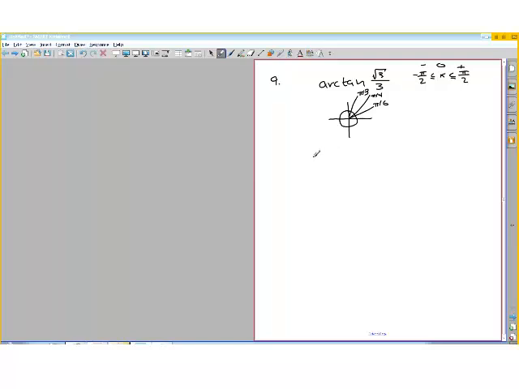And if you think about the numbers, remember the numbers that you have: 0, 1/2, square root of 2 over 2, square root of 3 over 2, and 1. Those are the values for the sine of theta at the various angles. In some ways, I hate to memorize things, but this is really not that hard to memorize.